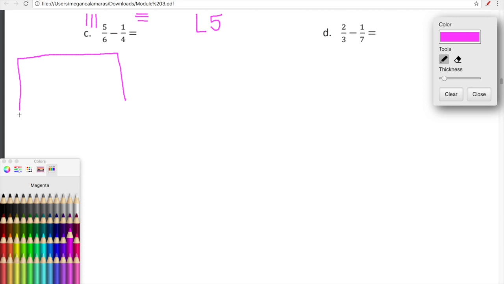So we're starting with 5/6. Again, we want to make sure that our two rectangles are pretty large so that we are able to count all of the tiny squares that end up filling these rectangles. Yes, this rectangle is larger than this one. Let's pretend they're the same size. So 5/6.